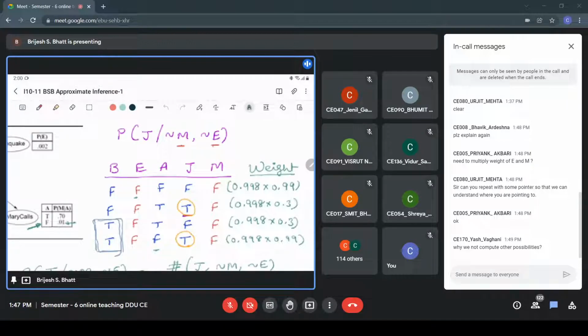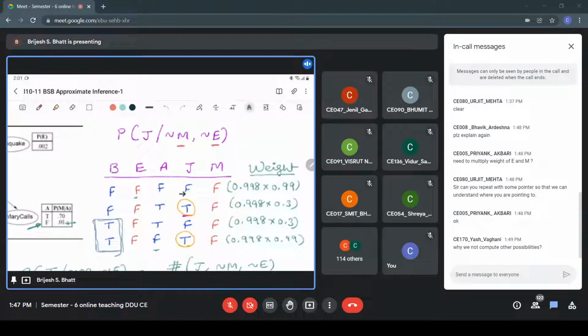So if you see here E is equal to false, our distribution says that the random variable E, earthquake, is true with a probability of 0.002. So E is false with a probability of 0.998. And similarly, the other random variable M, Mary calls, is false given that A is also false.